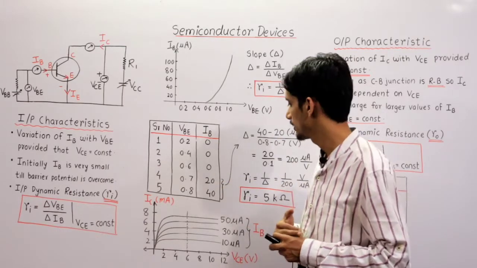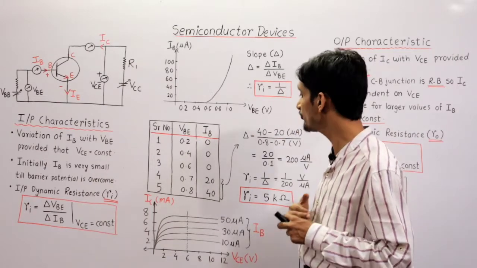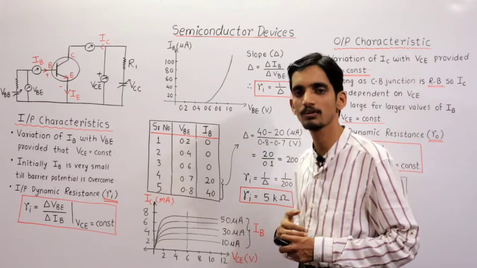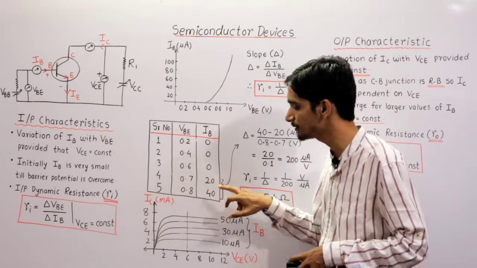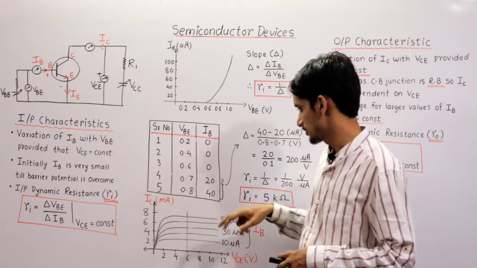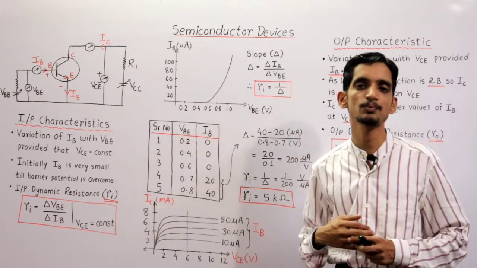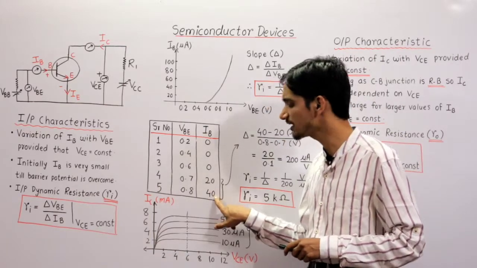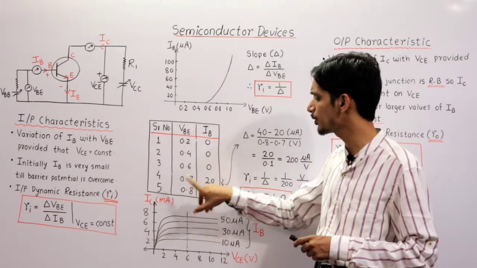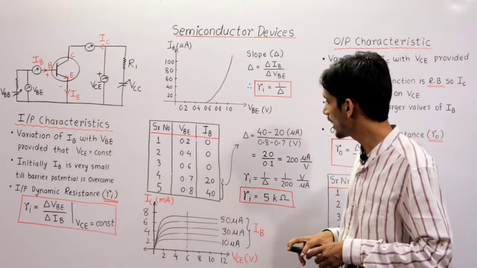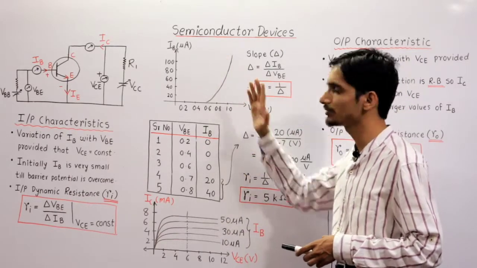Clear? Okay. Now if I consider these two readings, reading number 4 and reading number 5, in which the base current IB is 20 microamps and the corresponding base to emitter voltage is 0.7 volt, and the base current is 40 microamps and the corresponding base to emitter voltage is 0.8 volt, and I try to calculate the slope of this graph.